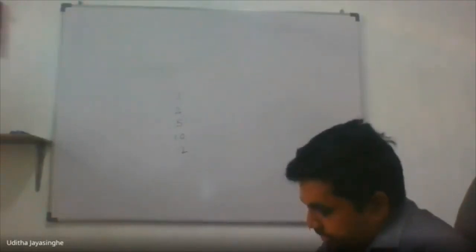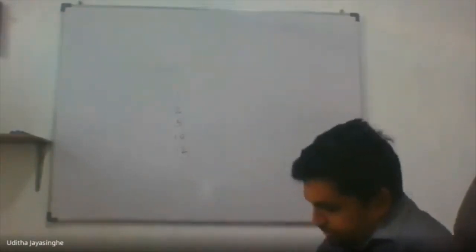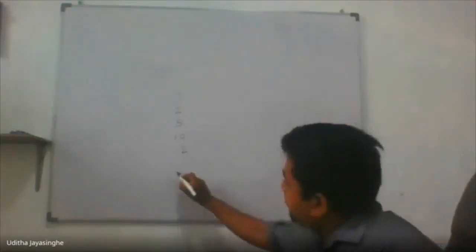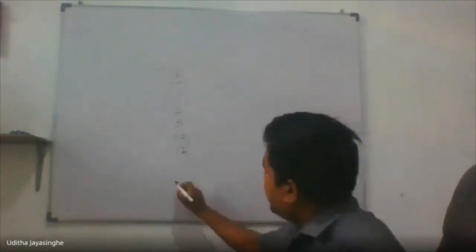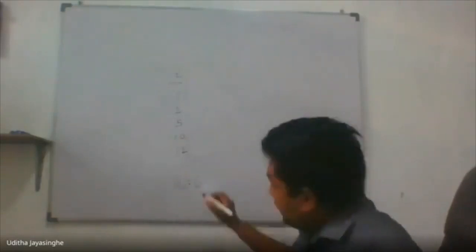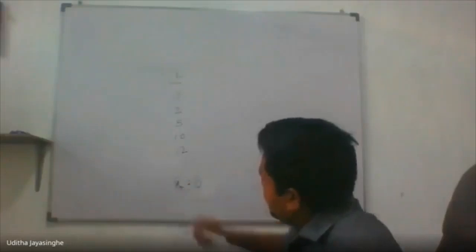I can take the calculator. 1 plus 2 plus 5 plus 10 plus 12 is 30. I have 1, 2, 3, 4, 5 items. I divide it by 5, and I get an answer. This is x, the individual items, and I get x bar as 6. This is my average or mean.